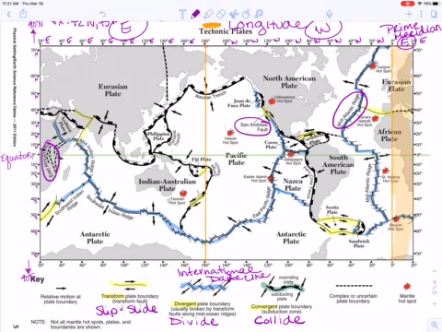It's showing these arrows coming together. It tells you which one is the subducting. Subducting means going under, and the overriding plate is the one that stays on top. So your trench would be on the side of the subducting plate. Let's go through, and we will trace over all of those.